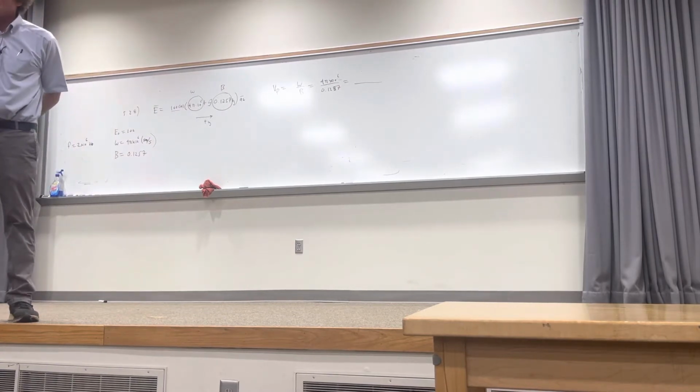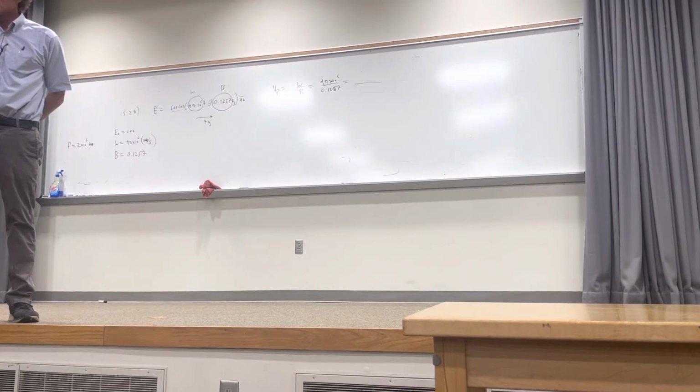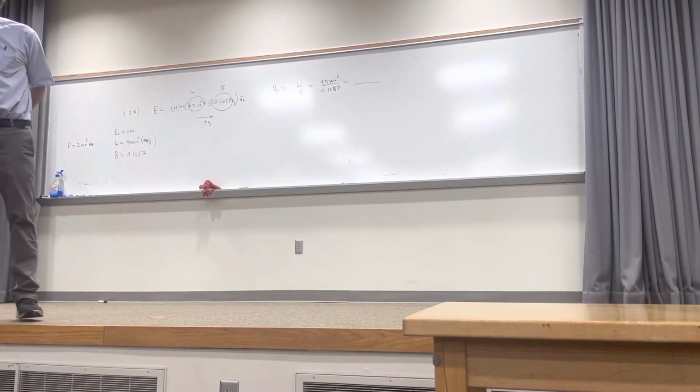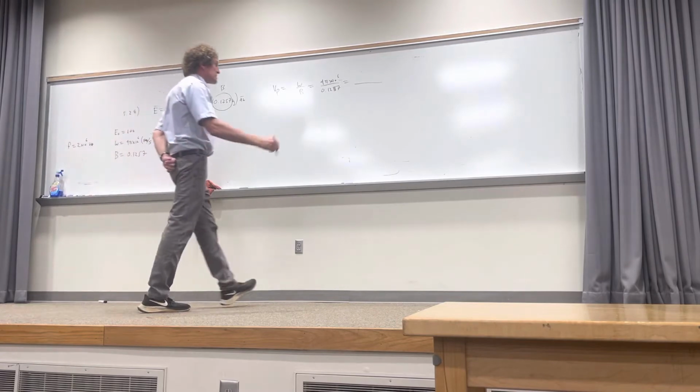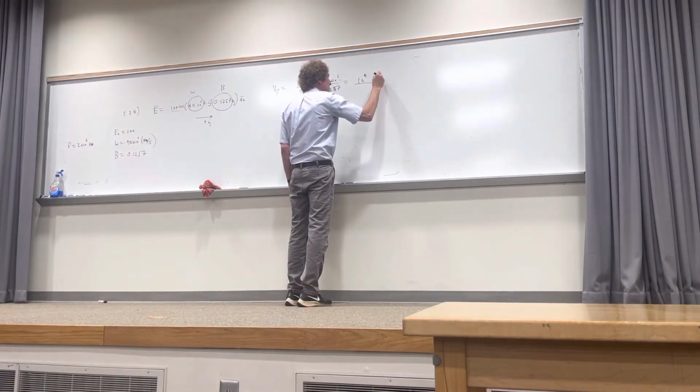It better not be more than the speed of light, because if it's faster than the speed of light, we've got a fundamental problem. This thing is not accurate in terms of its description of electromagnetic fields propagating. 9.99 × 10^7, or we'll call it 10^8. So it's about 10^8 meters per second.